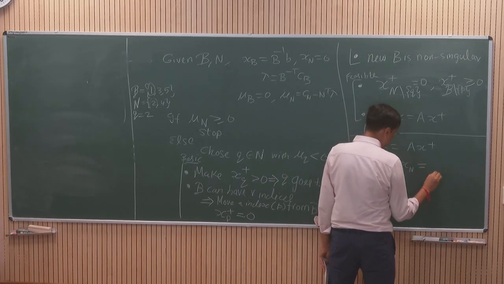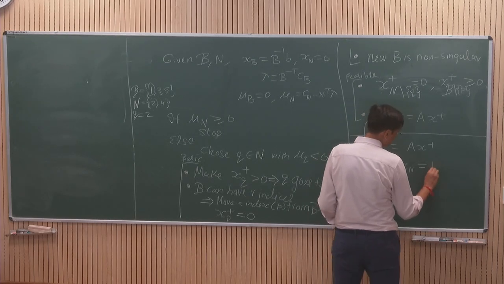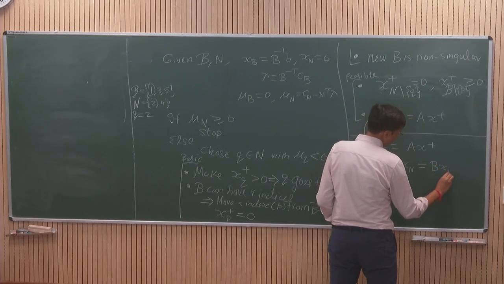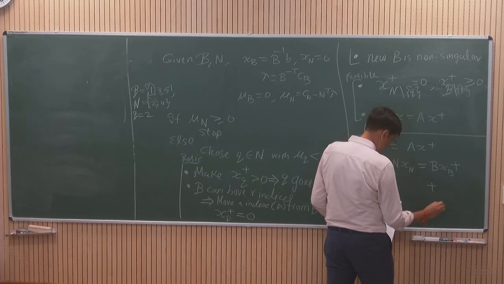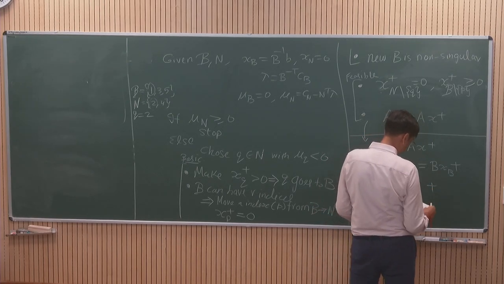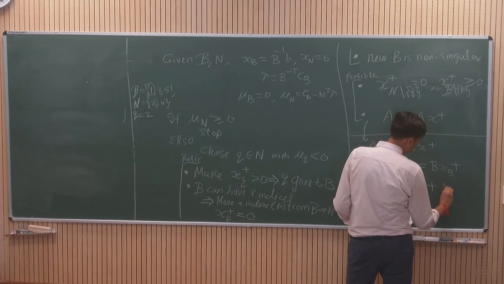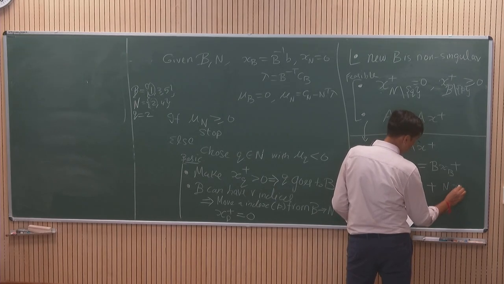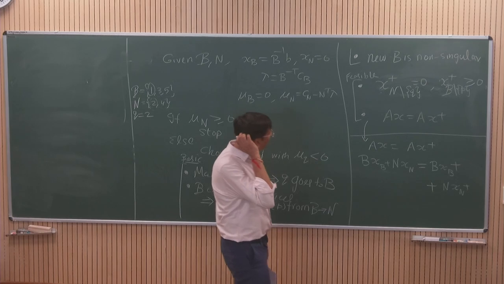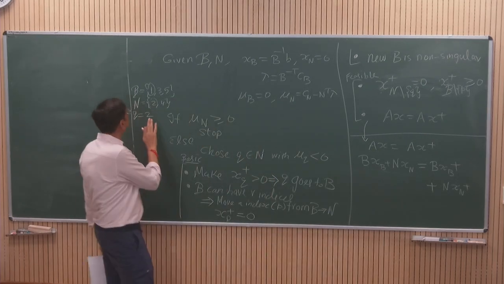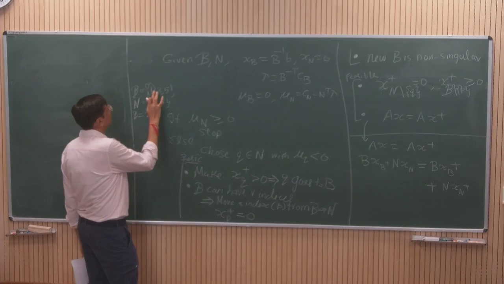Now what I want to do is split it up. So I'll write this down as B of xB plus N of xN plus. I've not done any swapping at this stage. We are still sticking with this set of notation.